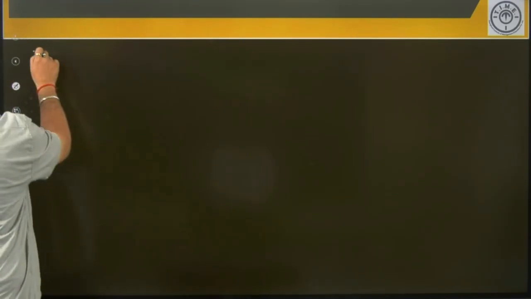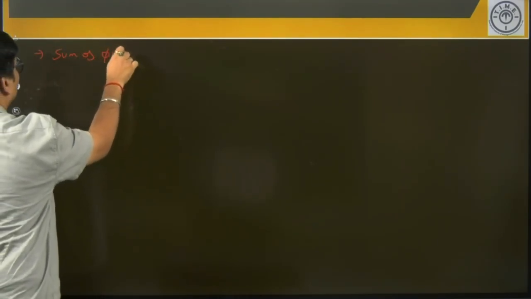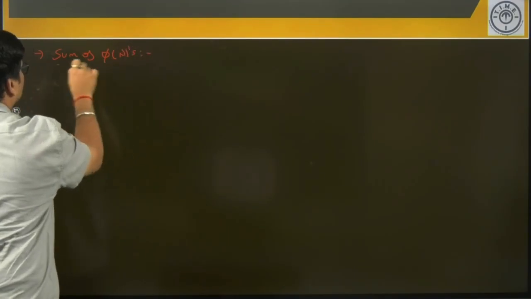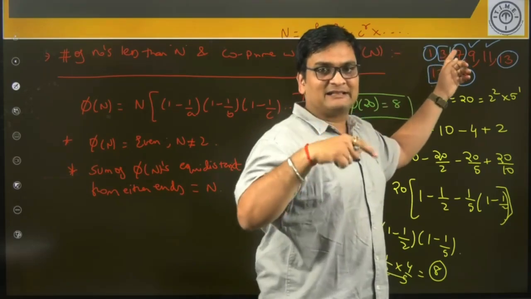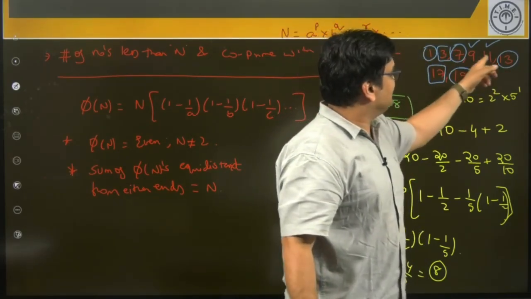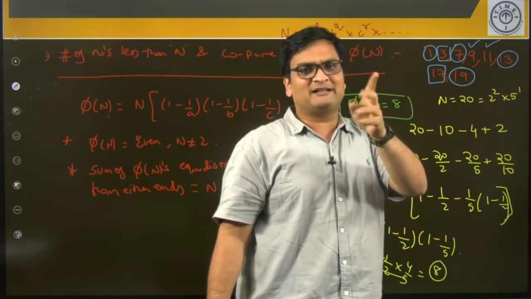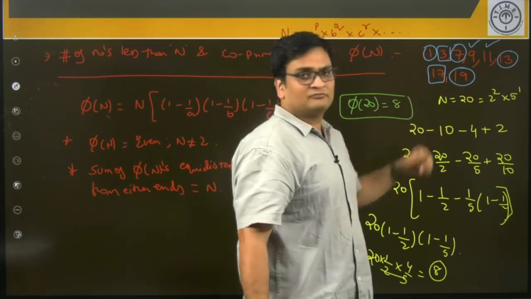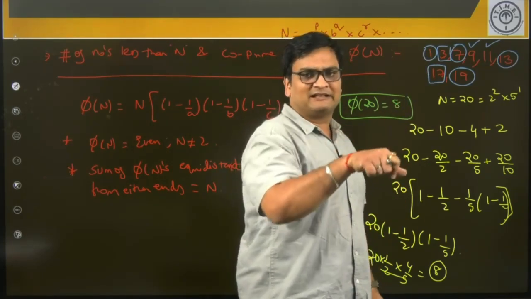Now next point, the sum of the phi of n numbers. So what will be the sum of all these numbers, for example? Phi of 20 is 8. So if the count of numbers is 8, can I say there will be 4 pairs, 8 by 2, and each pair when added will be equal to the number itself?